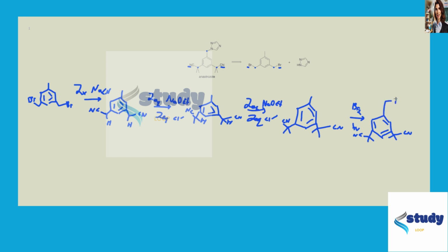So we brominate the allylic position, and now if I take my imidazole and I react that with sodium hydride, and sodium hydride is going to deprotonate this proton to make N-, and then this N- can do an SN2 attack at this electrophilic carbon position.